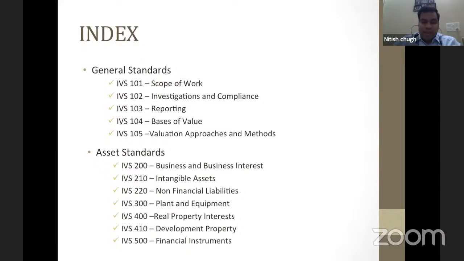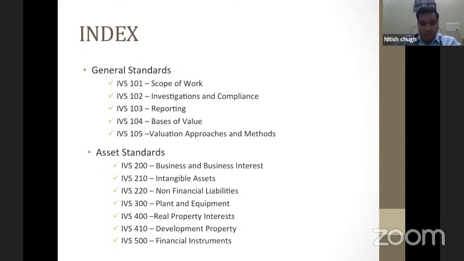For intangible assets, IVS 210, we will cover during the valuation of intangible assets. And business interest, we will cover with Ind AS 103, that is relating to business combination. So these asset-based standards we will cover along with the corresponding Ind AS or corresponding chapter on valuation.